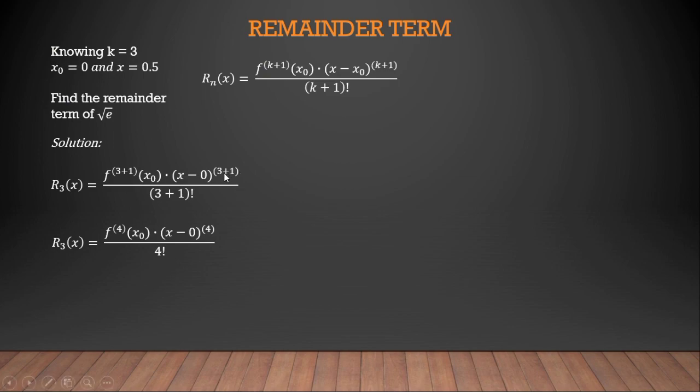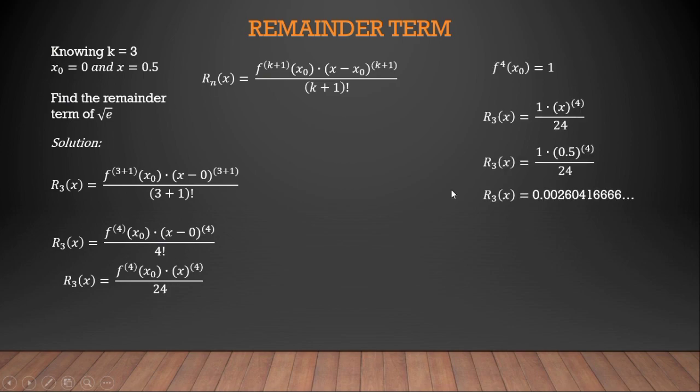So here if we were to simplify the equation, we got 4 divided by 4 factorial, and then we have this type of relationship there. Great. So 4 factorial is equal to 24, and if we were to simplify this, the fourth derivative of x naught is equal to 1.